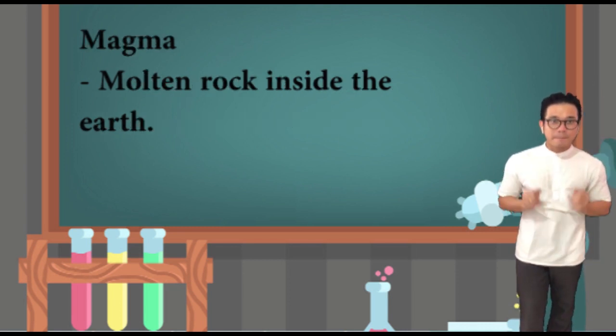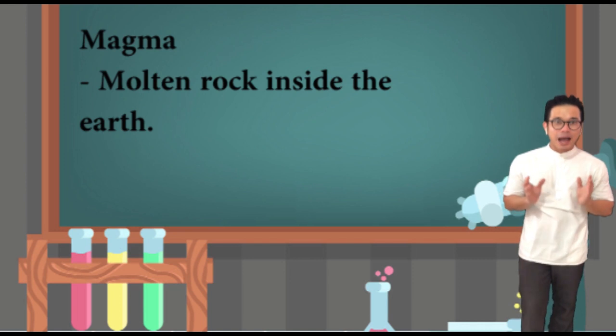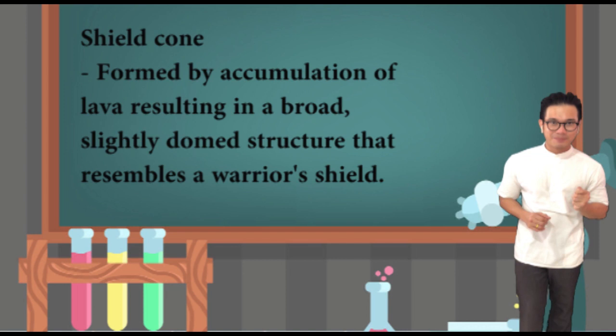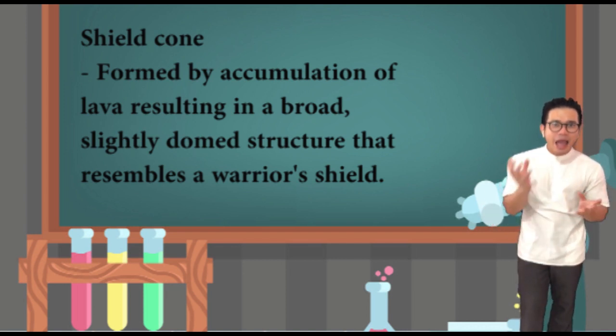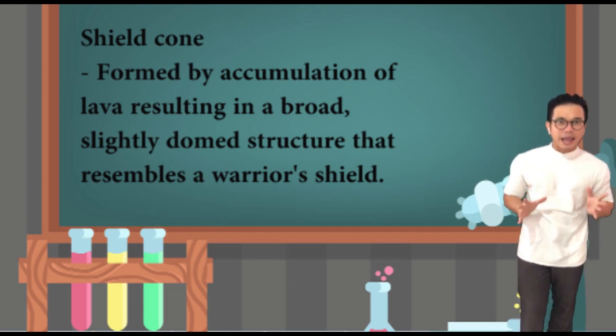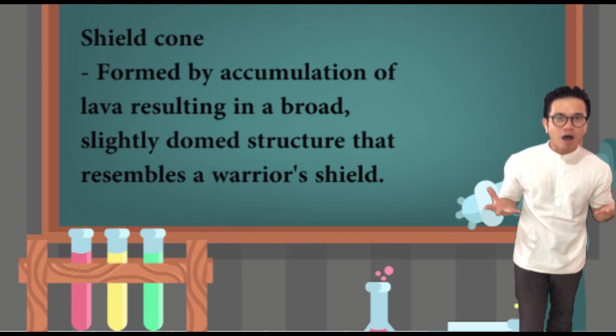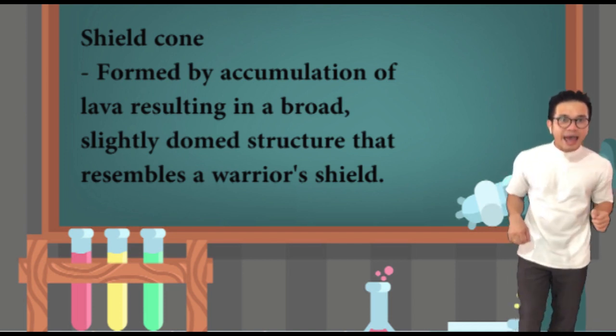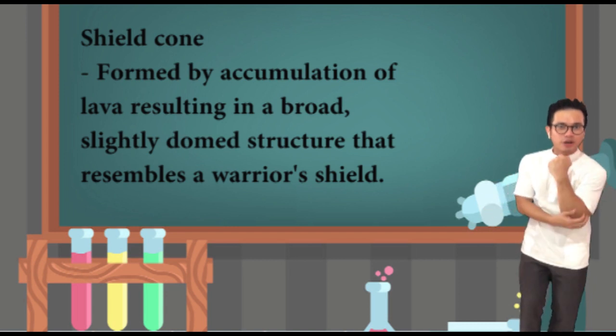Next is magma, a molten rock inside the earth. Shield cone. It is formed by the accumulation of lava resulting in a broad, slightly domed structure that resembles a warrior shield.